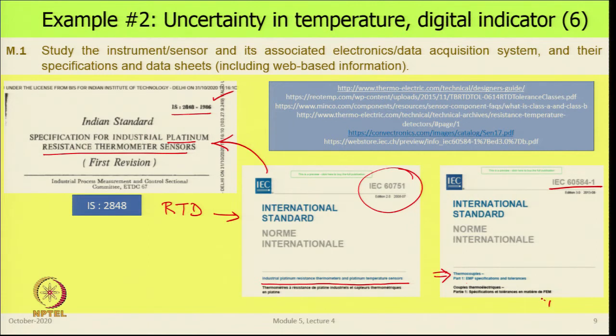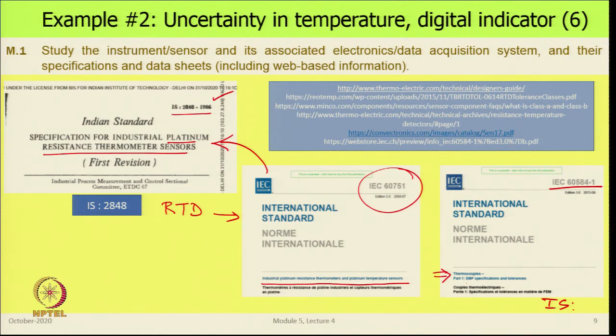There is also an equivalent Indian standard. If someone tells us that this instrument is in conformity with IEC 60584 class 2, then we know from that earlier table what they mean. We do not need to separately ask them what the accuracy of this instrument is.